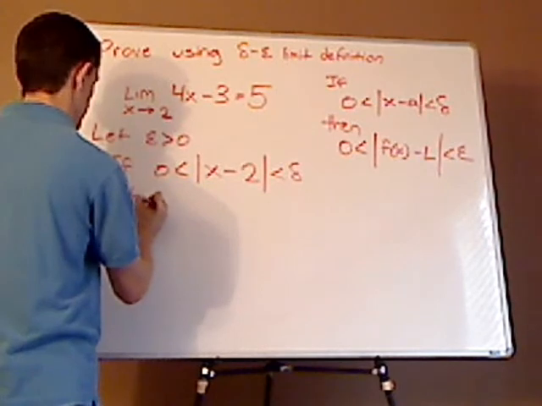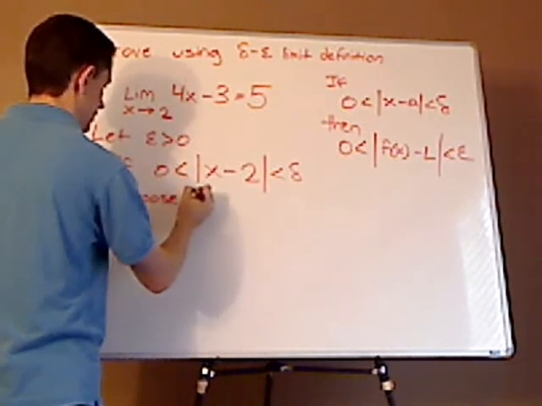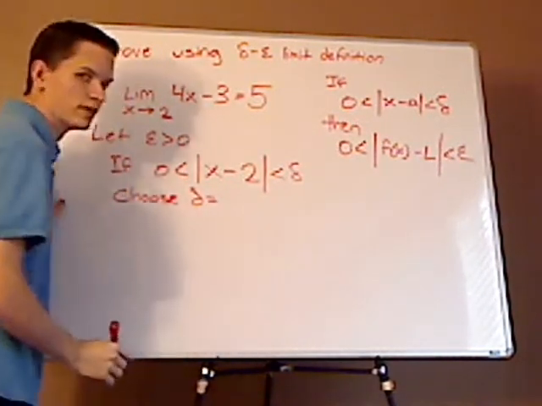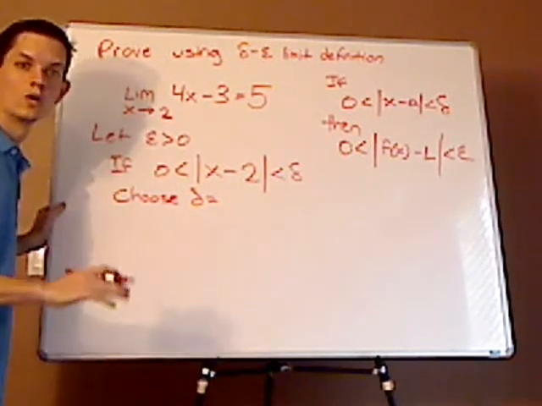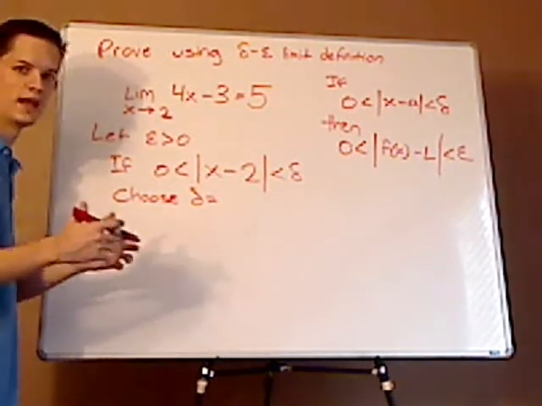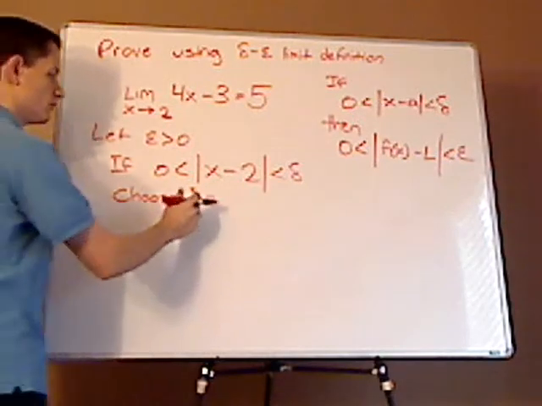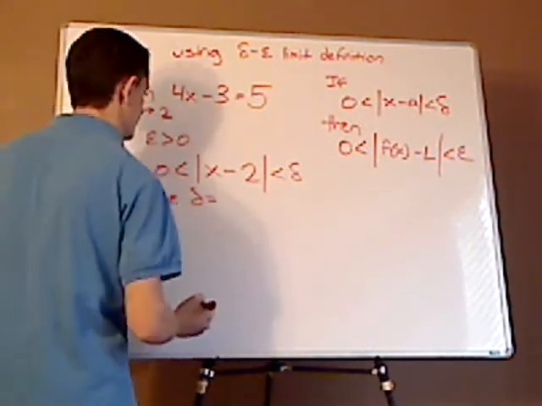And you want to choose delta to equal something. Right now, we don't know. We don't want to jump the gun, so for right now, leave this blank for delta.